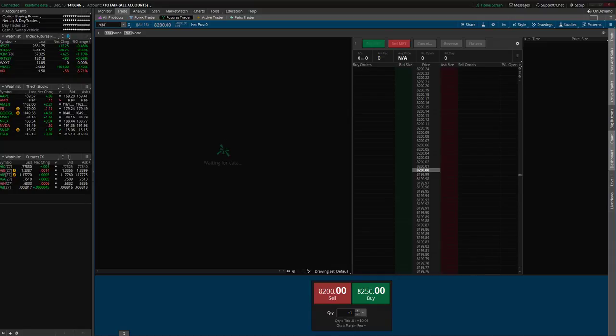It's basically a percentage of the price, which will give you the margin requirement. And if you guys do not know what the margin requirement is, you have to put a certain amount down, which is like a deposit.